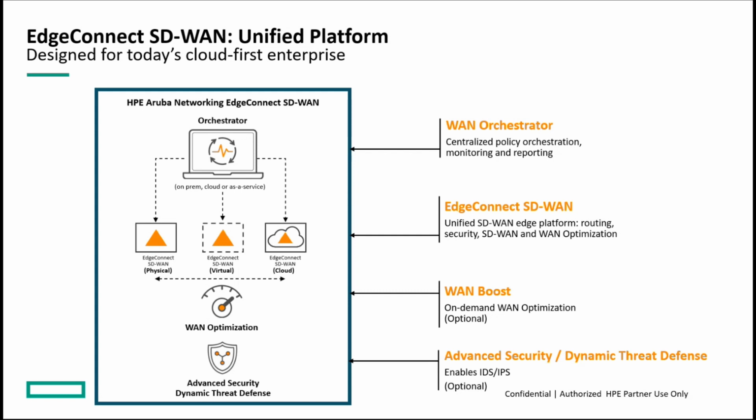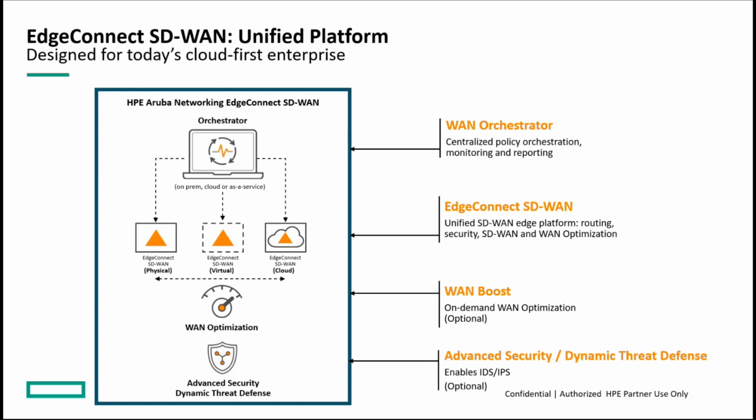Now, this last one, the Advanced Security Dynamic Threat Defense, is a service that enables intrusion detection and prevention. It's listed as optional. However, personally, when I'm looking at replacing a branch firewall, this is not a service that I market as optional.